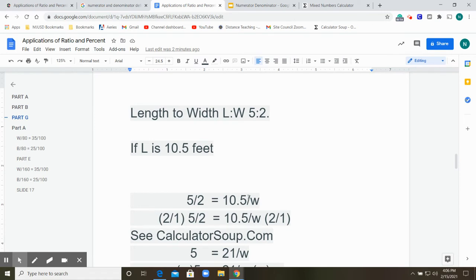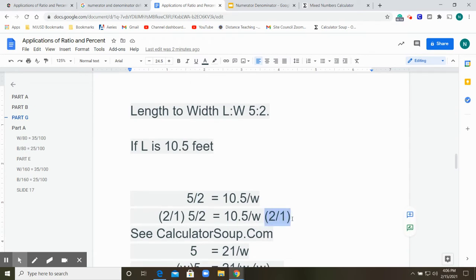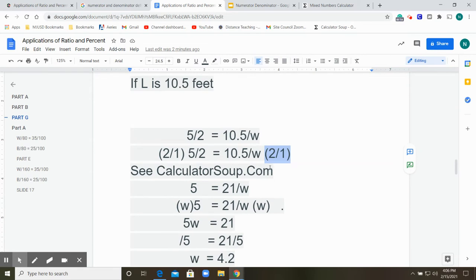So how do we then undo this and get one of those answers? So to undo divide by 2, we multiply by 2 here to get rid of this 2 here. So 10.5 over W multiplied by 2 over 1. See calculatorsoup.com to see how that works.